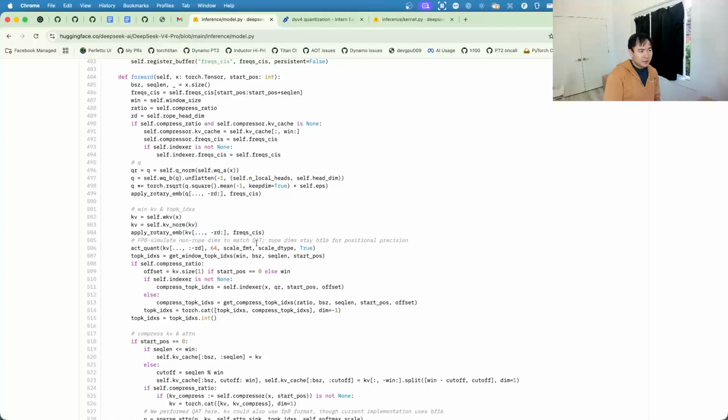And so Deepseek v4 does QAT, which stands for quantization aware training. What this means is that in training, even though this KV tensor is in BF16, they actually simulate what the values would be had you downcasted it to FP8.